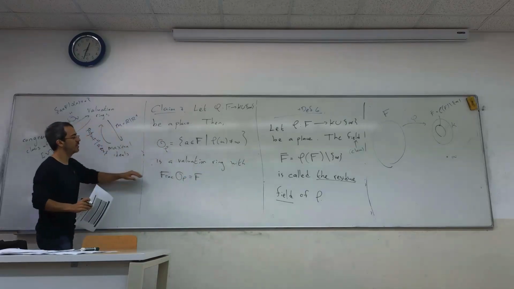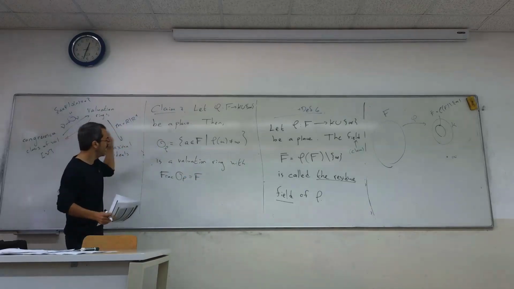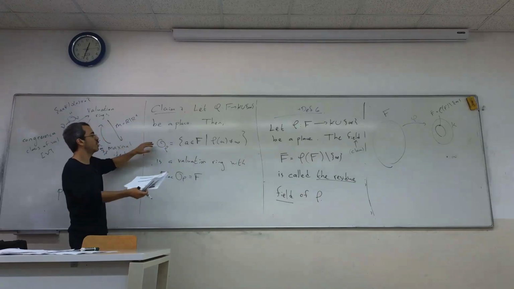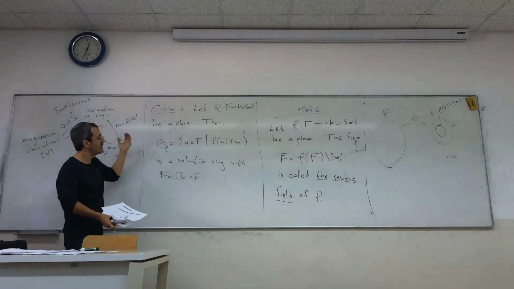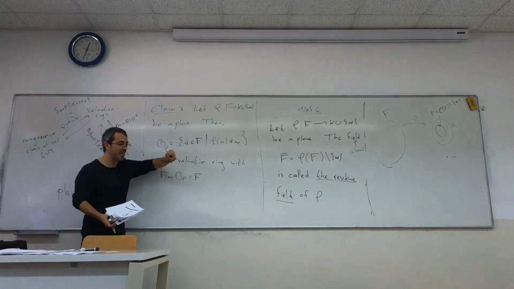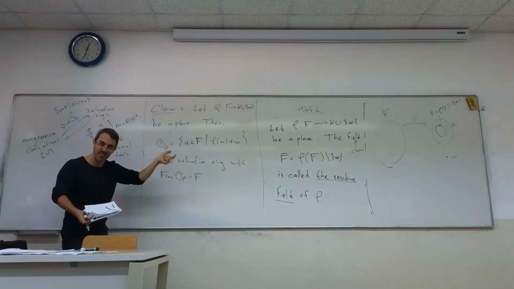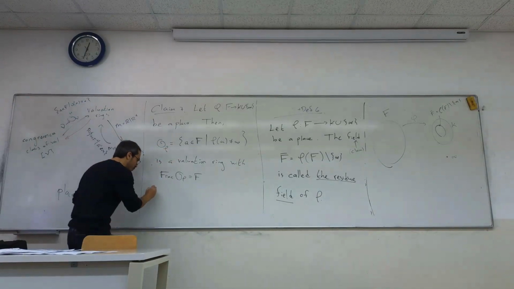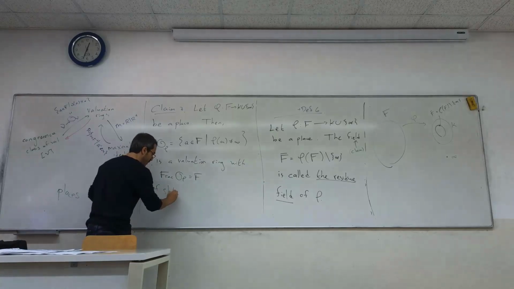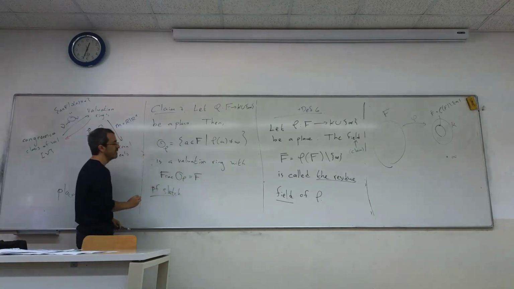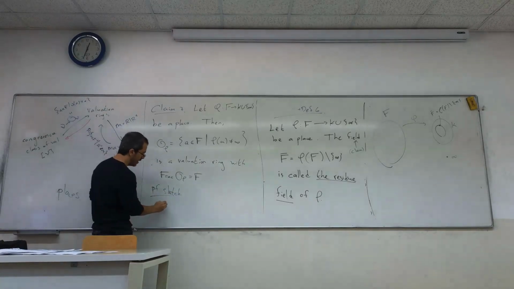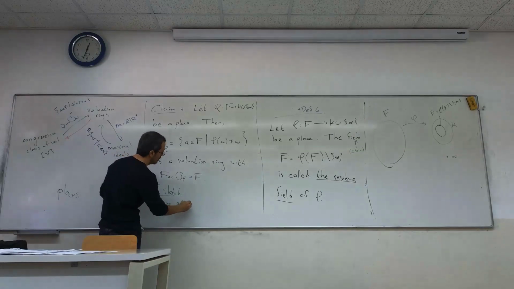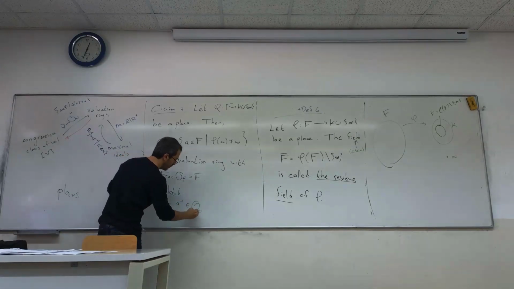You should check it's closed under addition and multiplication, but the interesting part is the valuation ring property: either a or its inverse is in the ring. That's the only interesting part of the proof: why a or a inverse should be in O phi.